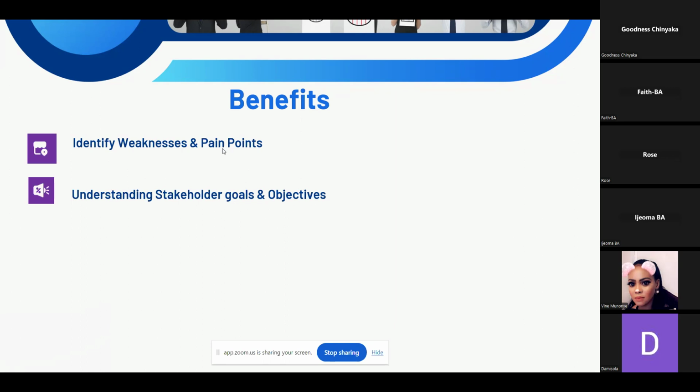It could be anything from the customer to the customer agent or sales rep to the manager to the supplier, all kinds of people. There are loads of different stakeholders. You can use the process to understand what their goals and objectives are.